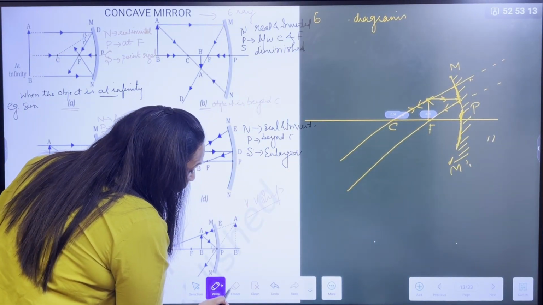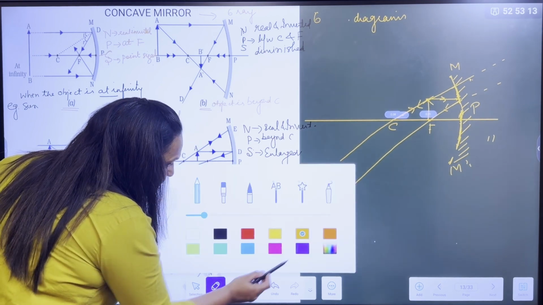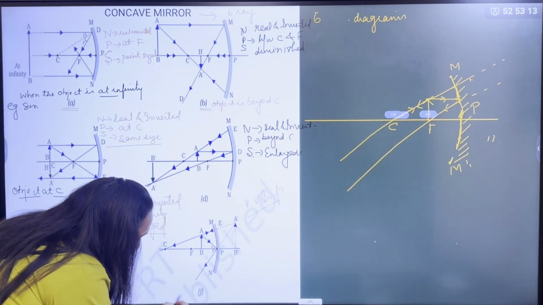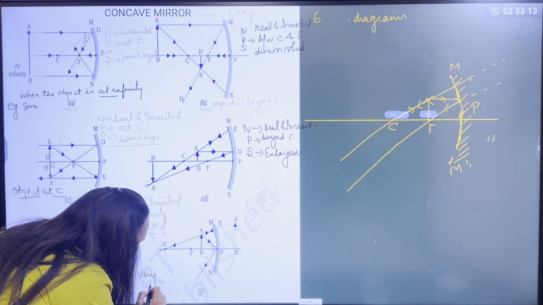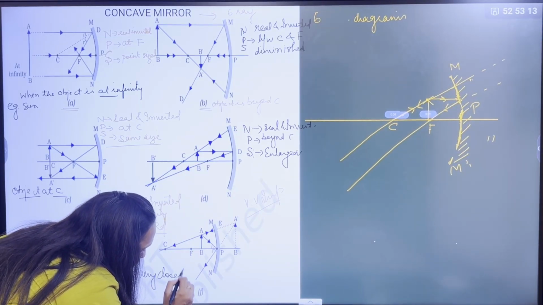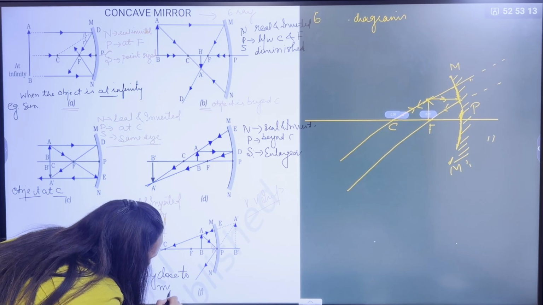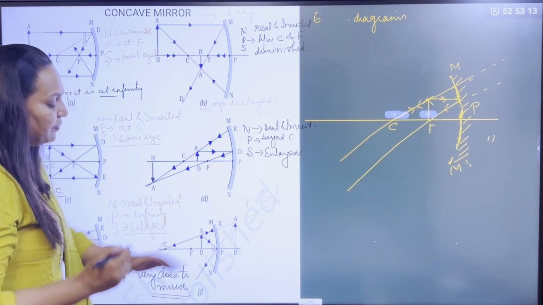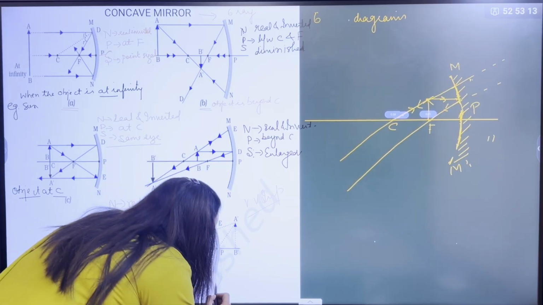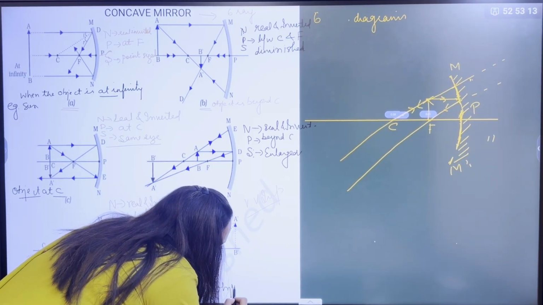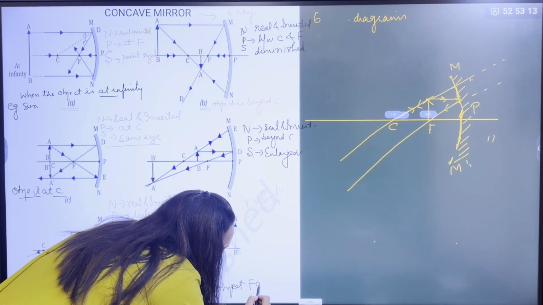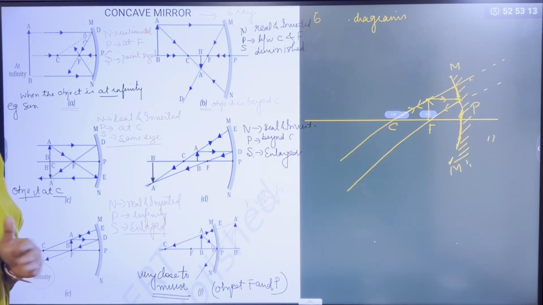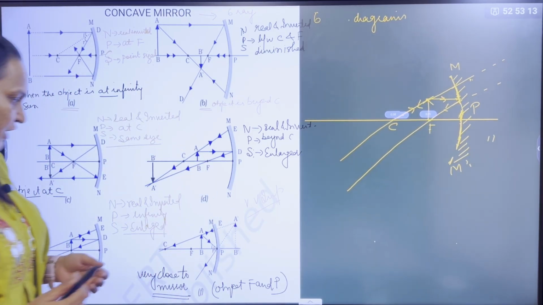Object is very close to the mirror, between P and F, or we can say object is between F and P. F and P means object distance is lesser than the focal length. Shall we draw?